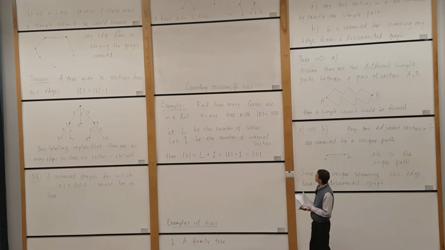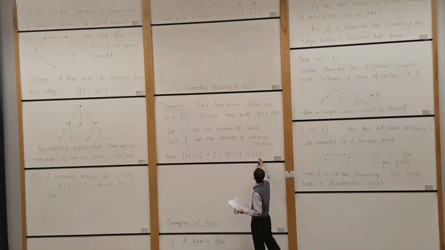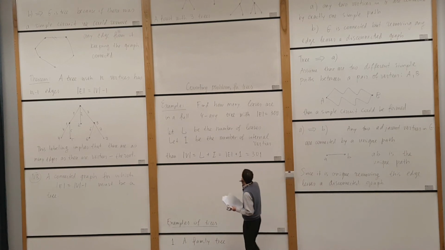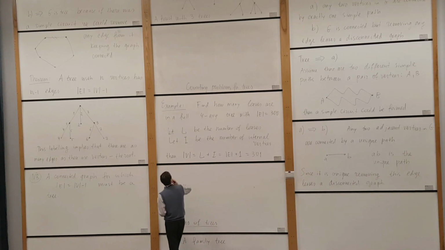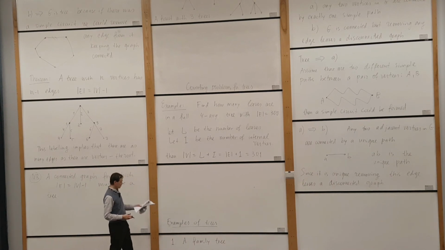Okay. So this we know, but these vertices are split into leaves and internal vertices. And now we want to find how many of these 301 vertices are leaves. And here we will use the special properties: it's not just an arbitrary tree, but a quaternary or four-ary tree.